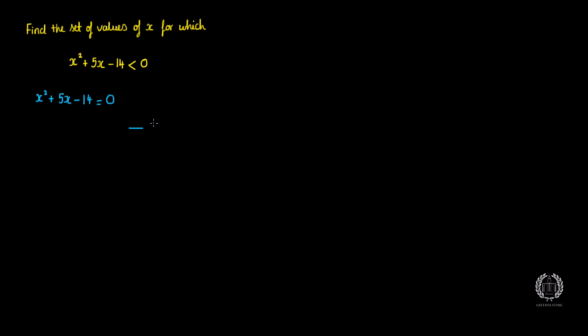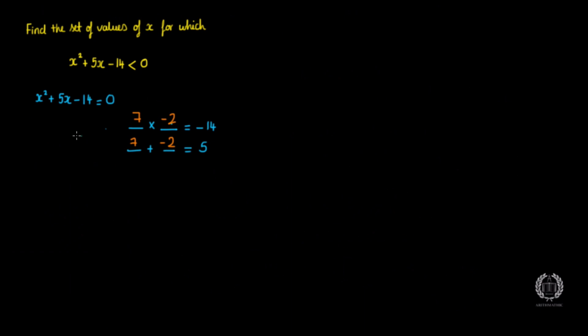So what I want is two numbers that when I multiply give me minus 14, and when I add give me 5. I know that's going to be 7 and minus 2. Why? Because 7 minus 2 gives me 5, and 7 times minus 2 gives me minus 14.